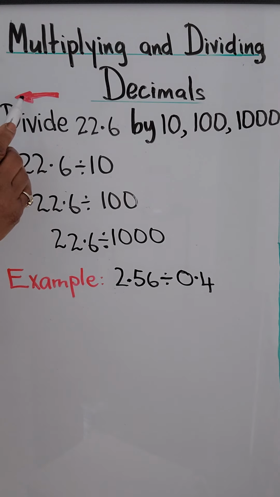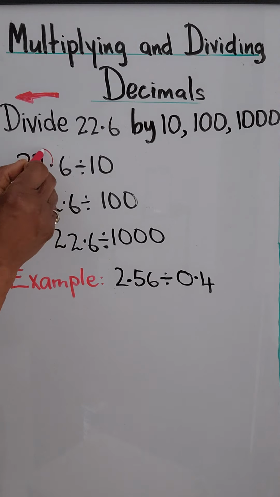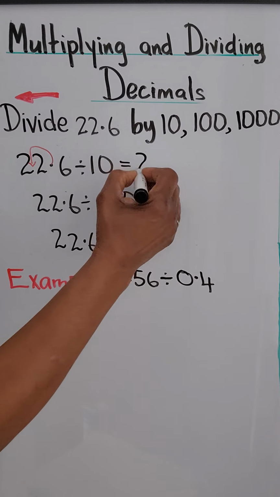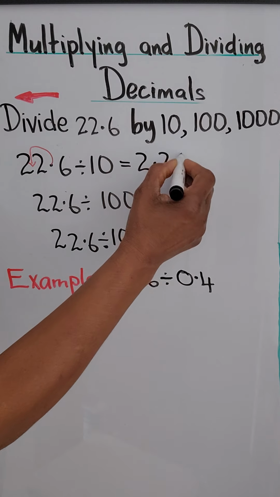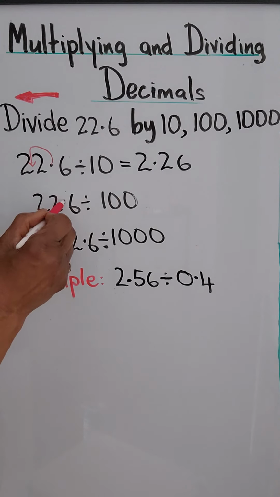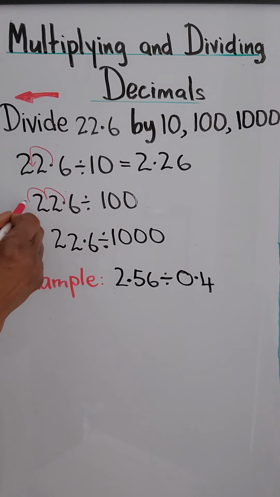So when we're dividing, we're going to the left. 22.6 divided by 10 to the first power, that means 1 place to the left. 2.26. 100, 10 to the second power, 2 places. 1, 2.